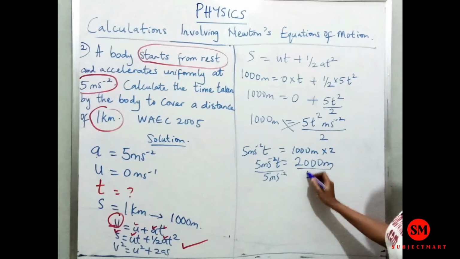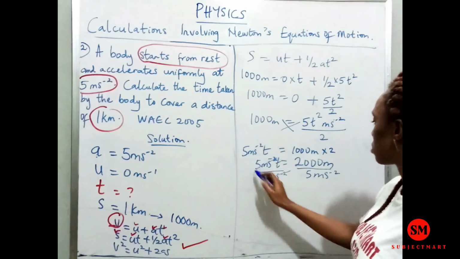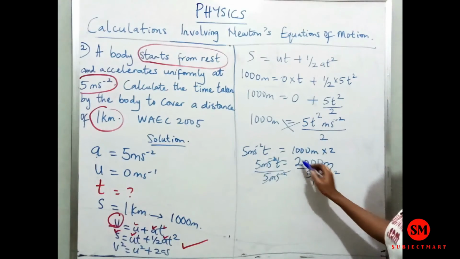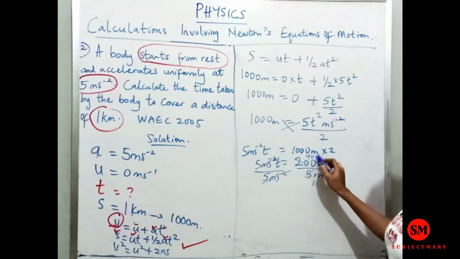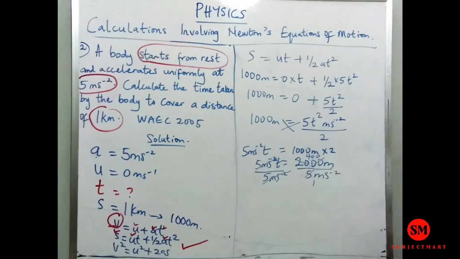So this cancels this. 5 here is 1, 5 here is 400. 0, 0.